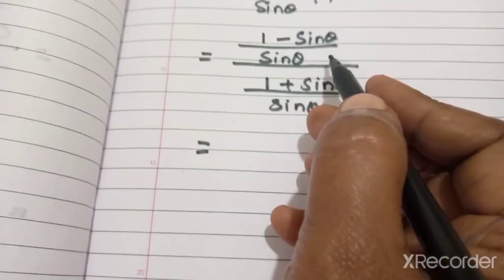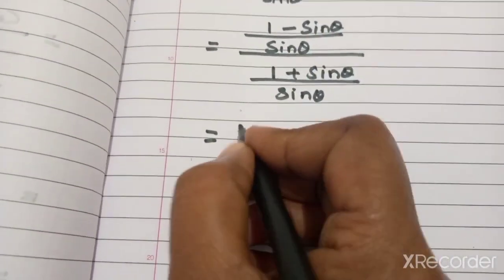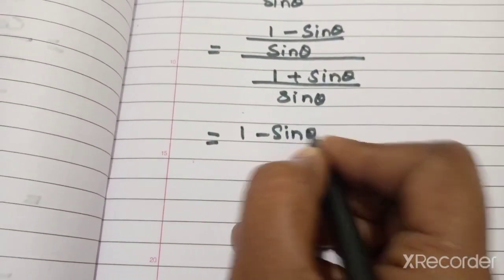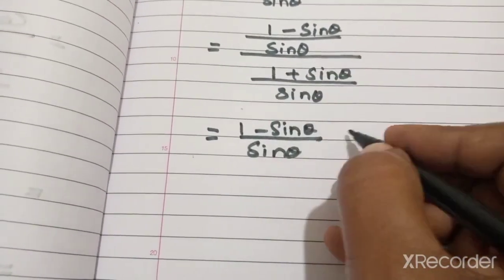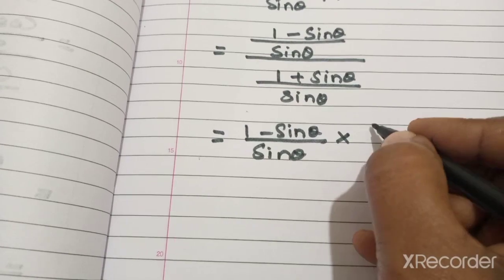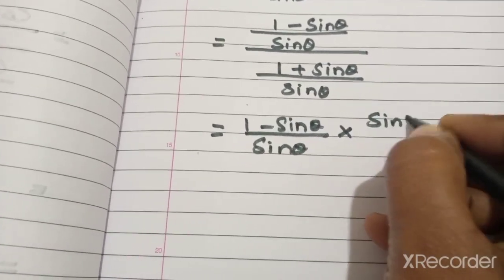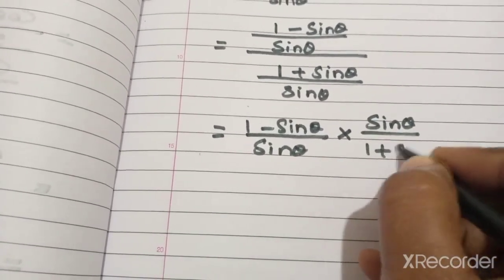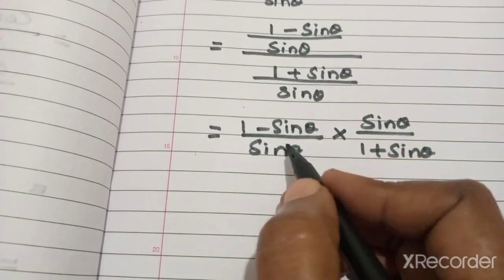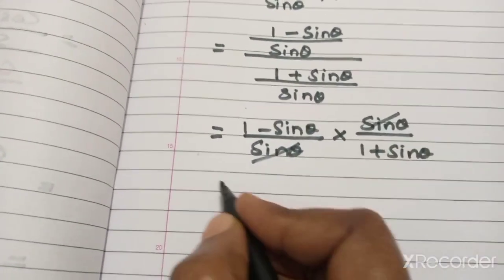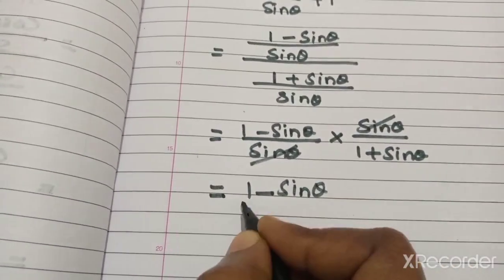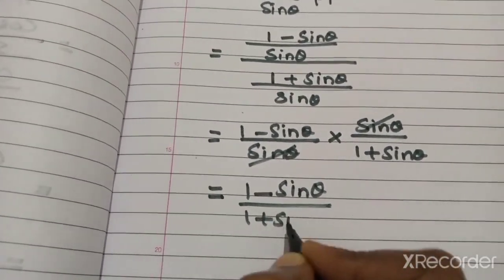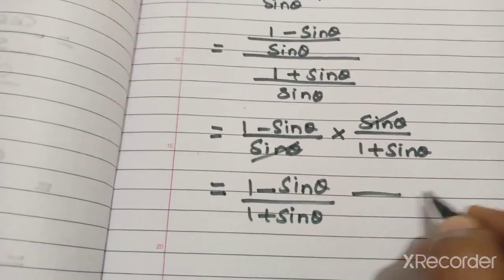So the numerator terms as it is: 1 minus sin theta by sin theta. This division let us change into multiplication, so reciprocally it is written: sin theta by 1 plus sin theta. Let us cancel this sin theta. Remaining we have 1 minus sin theta by 1 plus sin theta, which is equation number 2.